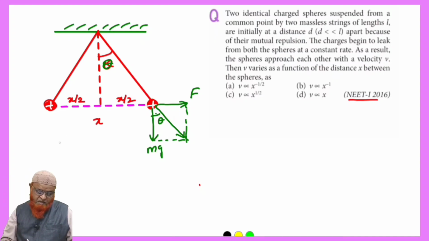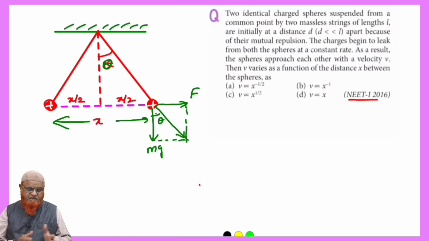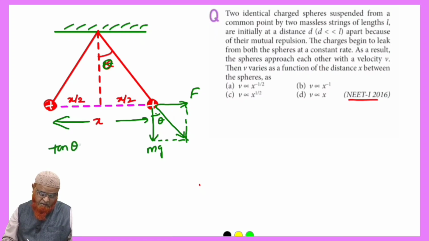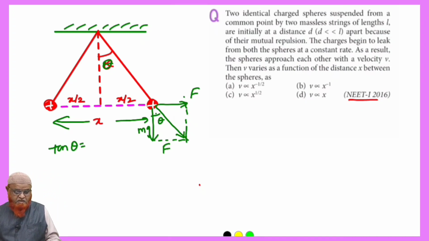Then after that, you all know that the distance between the two positive charges which are hanging is taken as x. Then after that we can write, this is opposite side f and this is adjacent side mg here. Okay, so like this we can consider.